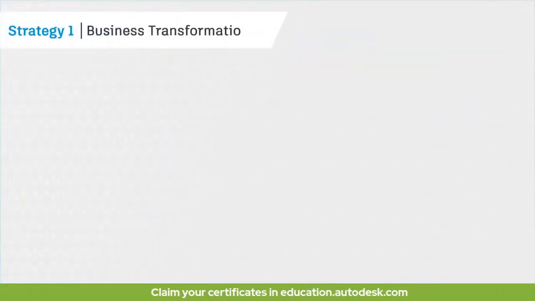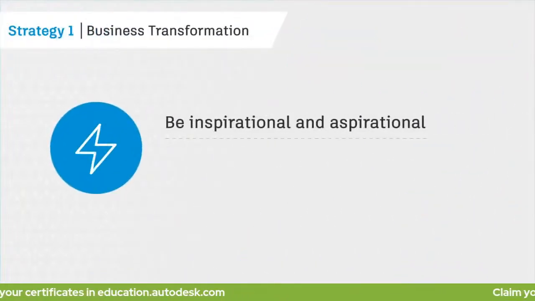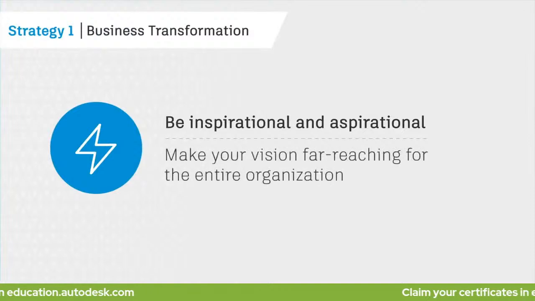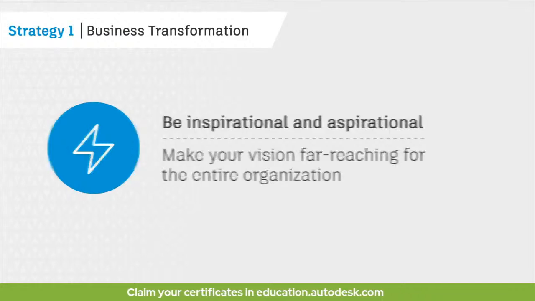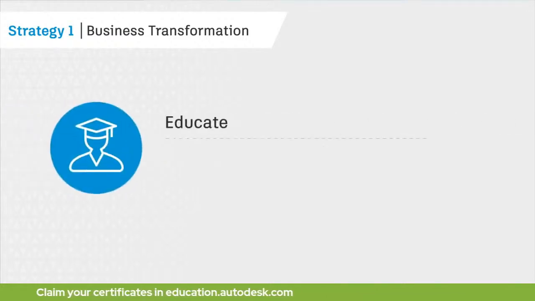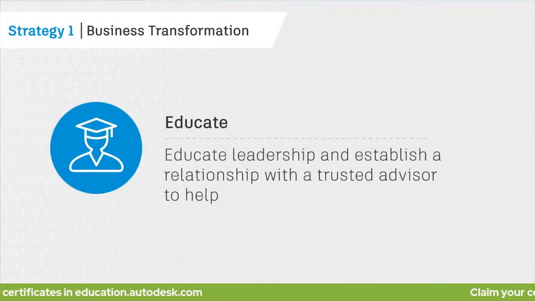Here's how to create an effective BIM vision. Be inspirational and aspirational. Make your vision far-reaching for the entire organization, not just rolled out as a technology exercise. Educate. Educate leadership and establish a relationship with a trusted advisor to help.